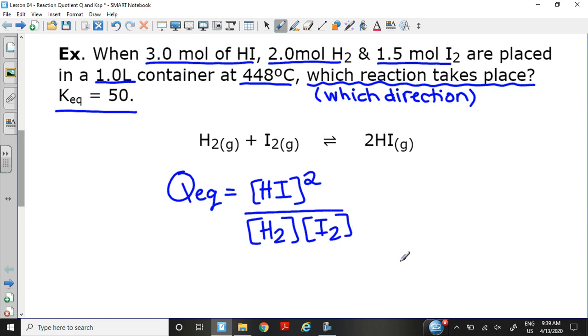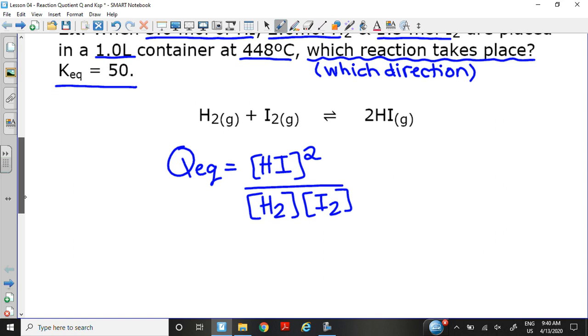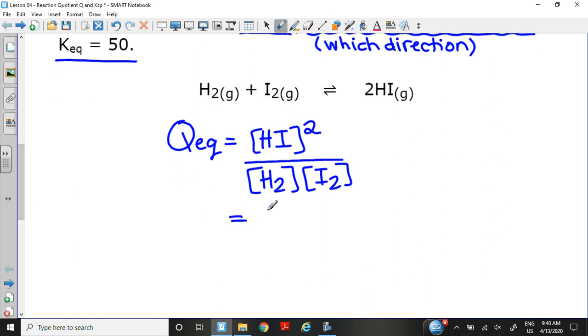So other than the Q part, this should look the same as a K expression. But now we're going to go in and put in our initial values. So initially we have 3 moles of hydrogen iodide. It's in 1 liter. So it's just 3 moles per liter. Make sure that you square it.